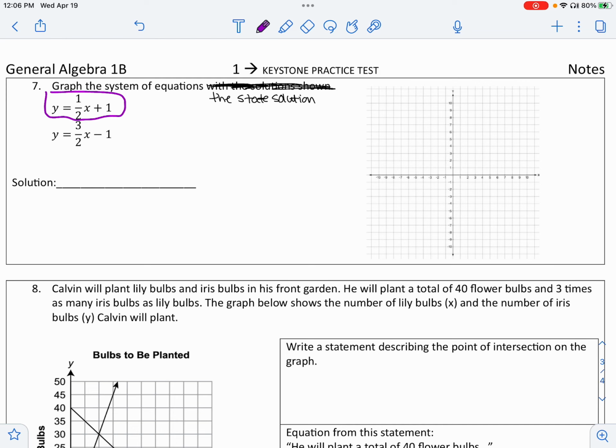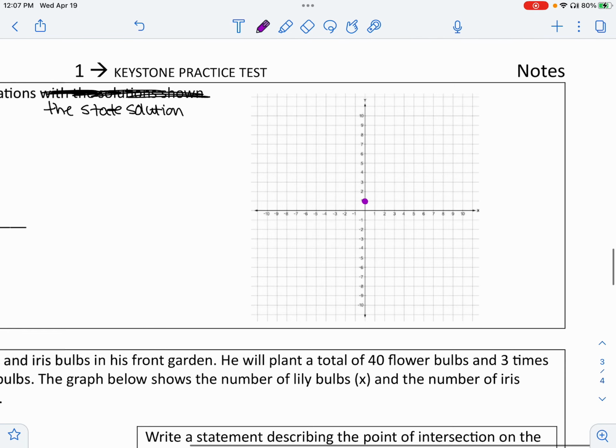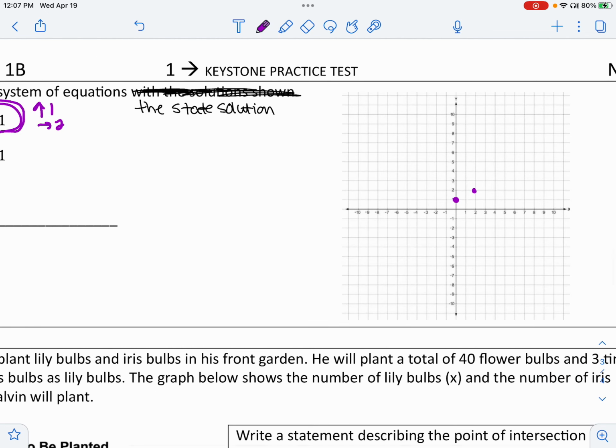I'm going to graph that one first. My y-intercept is positive 1, so go to your y-axis, y to the sky, positive 1. Then your slope says go up 1 over 2, up 1 over 2. I am going to do that the entire length of the graph, and then I'm going to go in reverse so I don't screw anything up or miss anything.